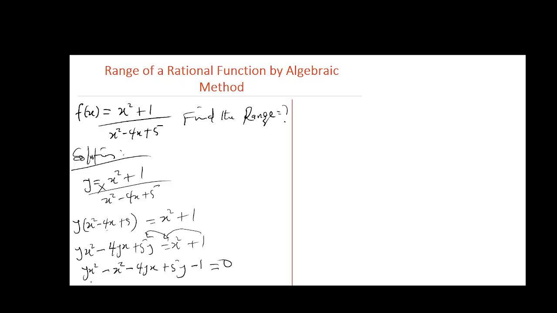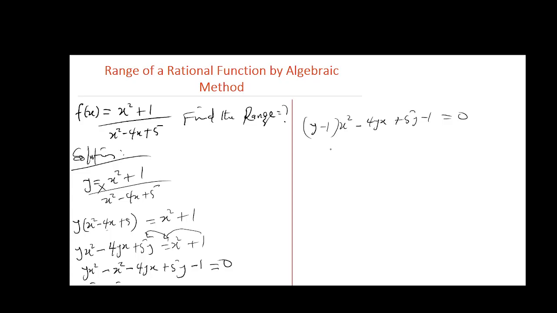We can factor out x squared here to have y minus 1 multiply x squared, because y multiply x squared will give us yx squared, and minus 1 multiply x squared will give us minus x squared. So that is sorted. We now have minus 4yx plus 5y minus 1, everything equals 0. This gives us a quadratic expression.